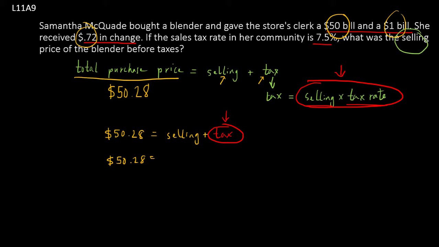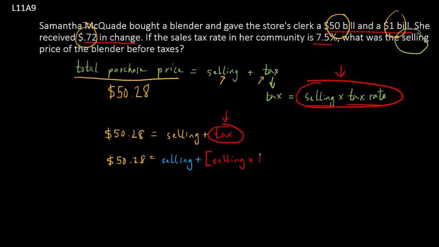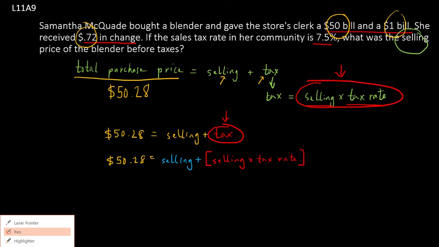$50.28 is equal to, we'll put selling in a different color, our selling price plus tax, and tax is equal to selling price times tax rate. Now I happen to know my tax rate, right? It is 7.5%.